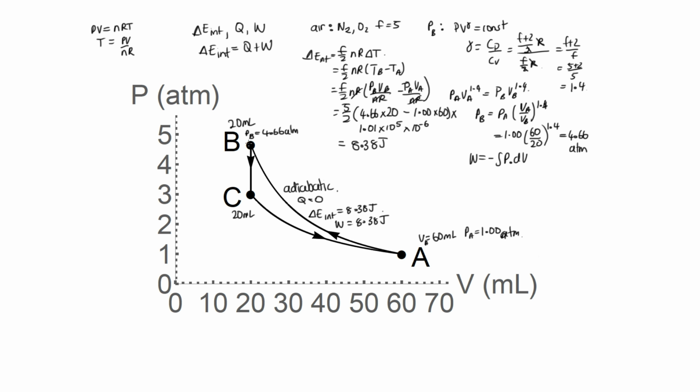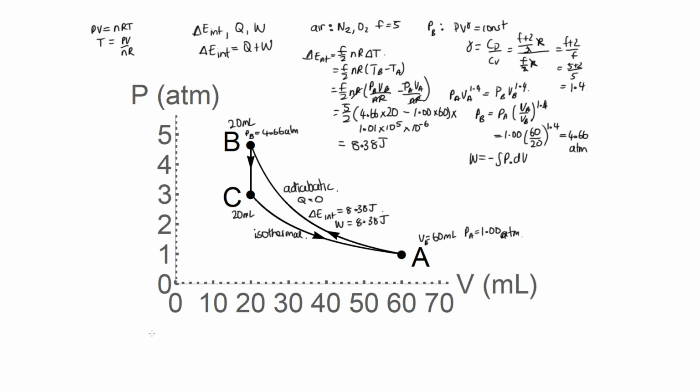Okay, so now we're going to look at B to C. We'll want to start by calculating, well, what is the pressure at C? So in order to do that, let's consider the path C to A. We know that this is isothermal. Sorry about my spelling. I'll write this again. Isothermal.